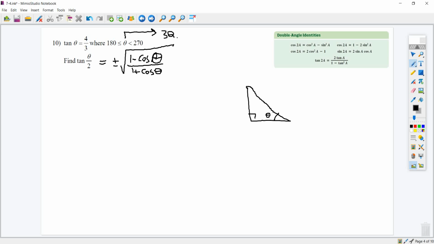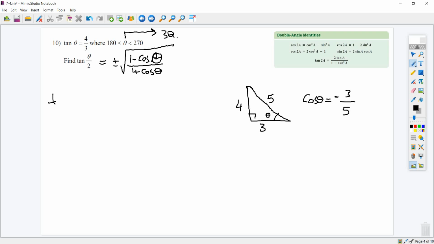Tangent theta is opposite over adjacent, that's 4 over 3. If you find the missing side, the hypotenuse is definitely 5. So cosine theta is adjacent over hypotenuse, 3 over 5, and since it's the third quadrant, cosine is negative, so negative 3 over 5.